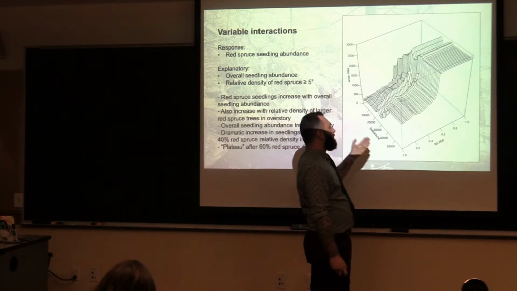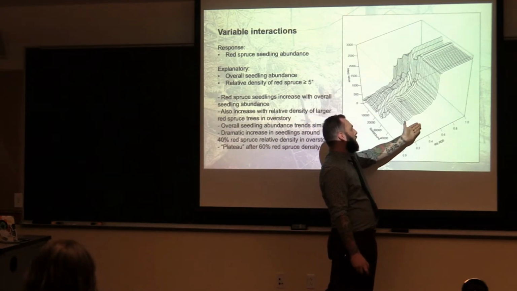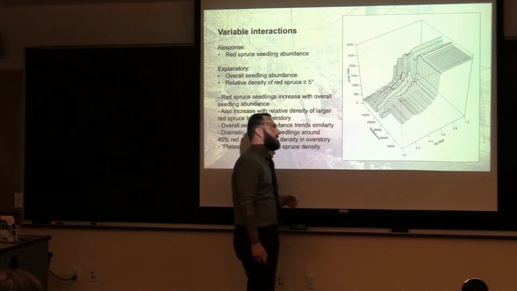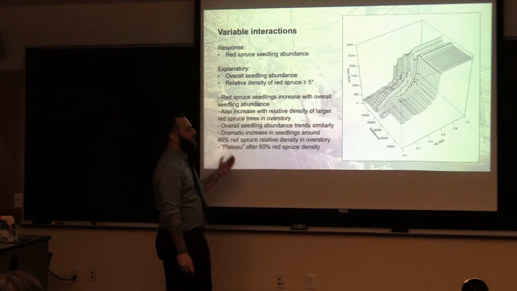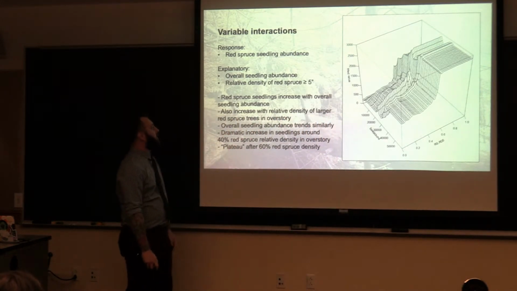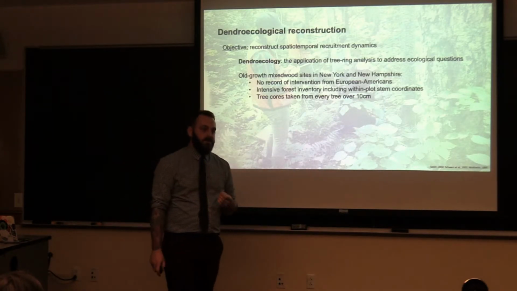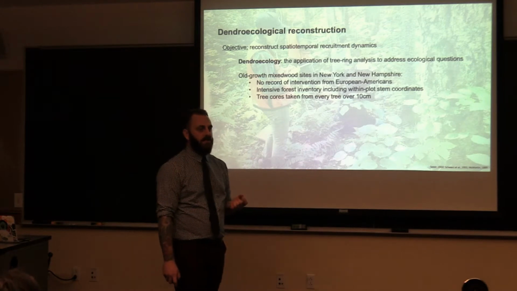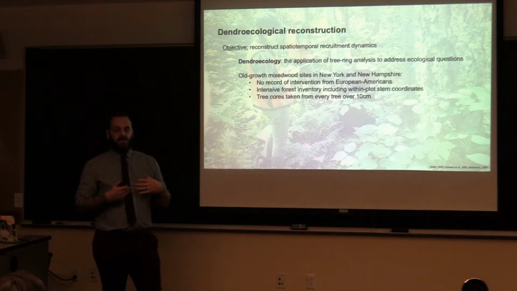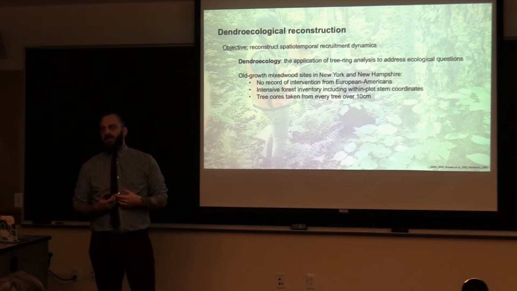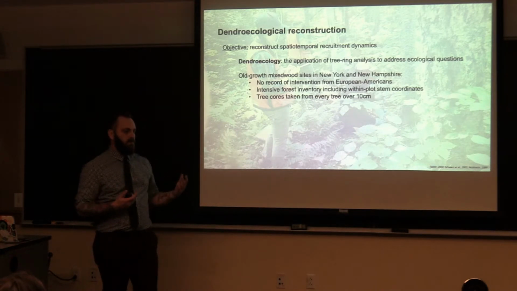And most interestingly to me is I see a rapid increase at 40% relative density with both overall abundance and red spruce seedlings. And so the other method that I'm going to be using is dendroecology, so it's tree ring analysis, to look at reconstructing spatio-temporal recruitment dynamics, so dynamics that are occurring in space and in time.